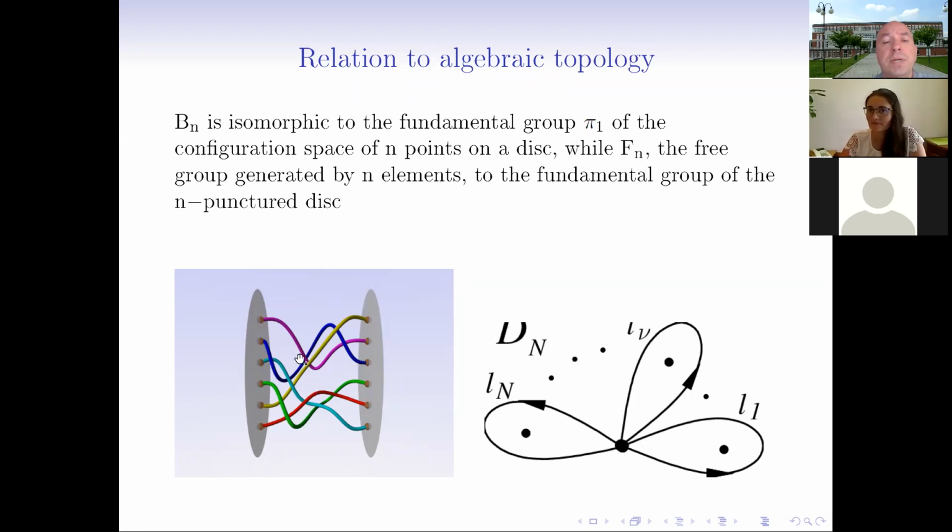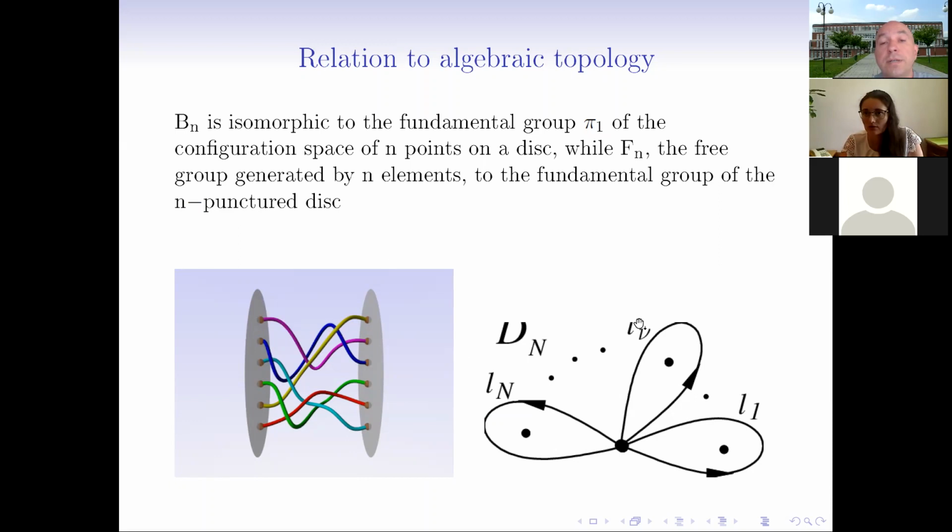If you change the positions, then all paths starting and ending at the same point, up to homotopy in this configuration space, with respect to concatenation, form the fundamental group pi1 of the configuration space, which will be isomorphic to either Bn or Pn, depending on whether we take the quotient by the symmetric group or not.